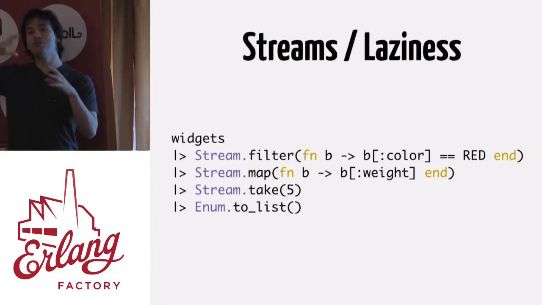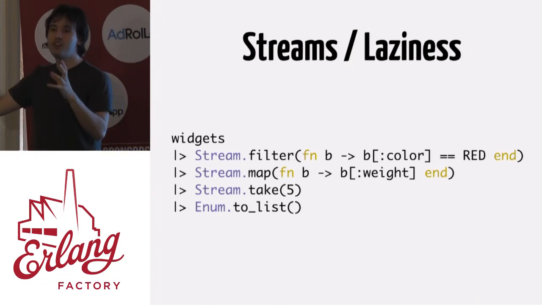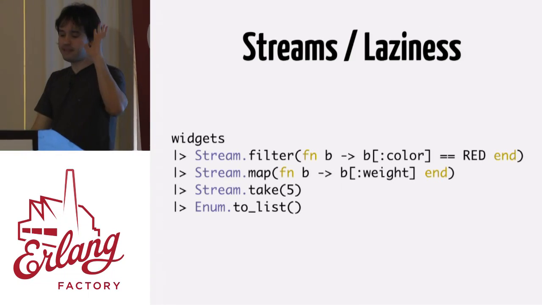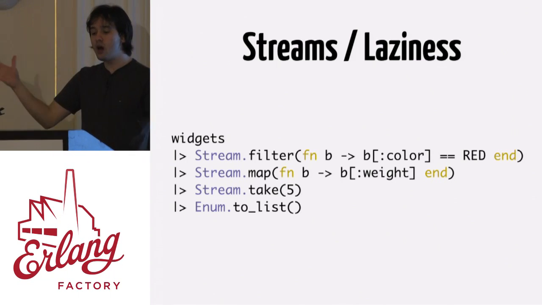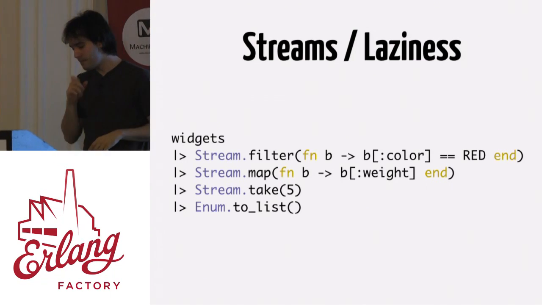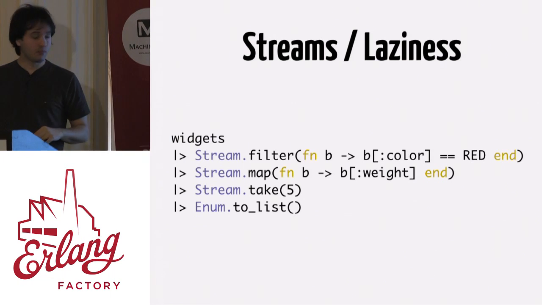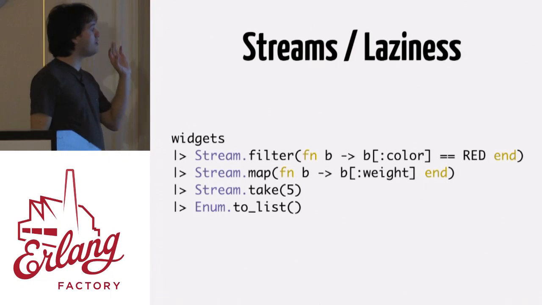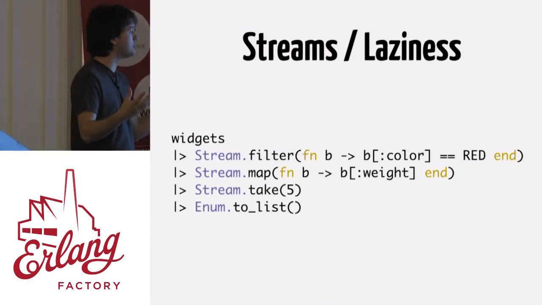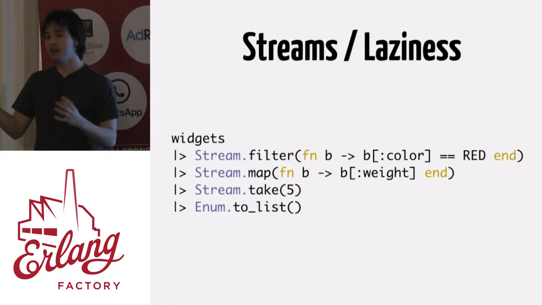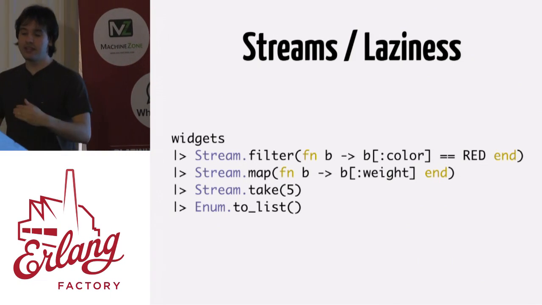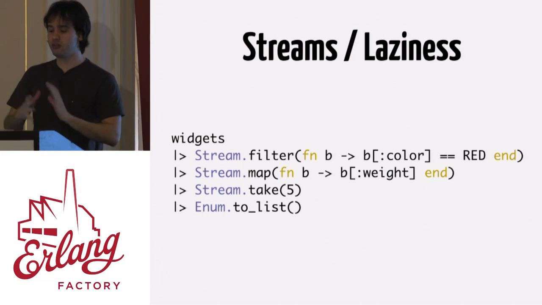It's not even going to filter or try to map all the other items. As soon as you get 5 that match your criteria, it stops, right? It's not traversing everything all the time. So that's one of the benefits we get with laziness, right? We can work with large collections, even infinite collections, right? It doesn't matter because we can say, give me the first 5 and don't care about the rest.